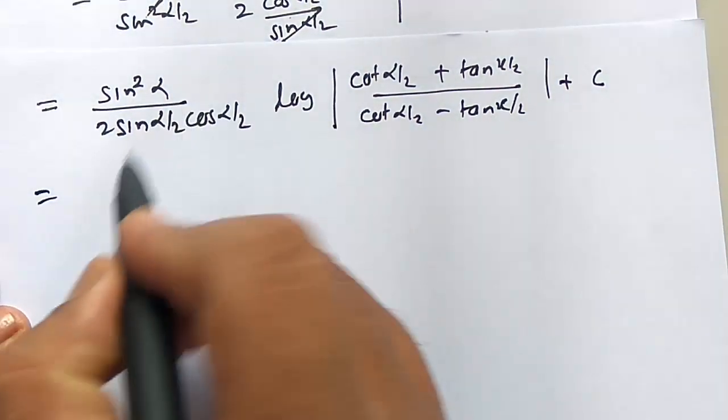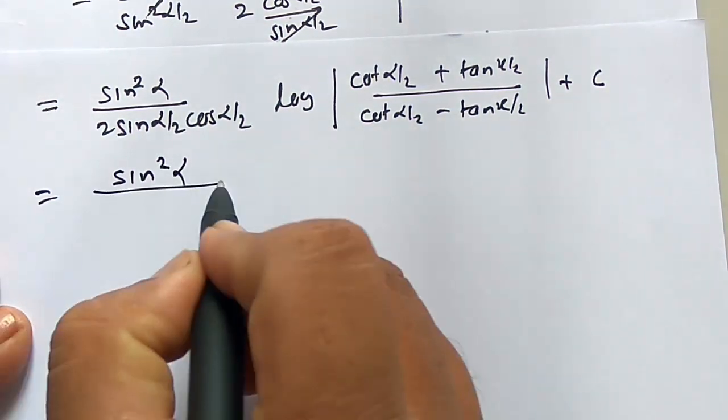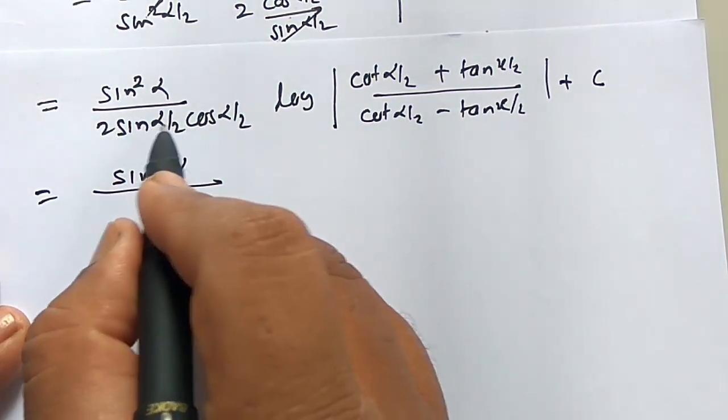This is equal to sin square alpha upon 2 times sin theta into cos theta, which is sin of 2 theta.